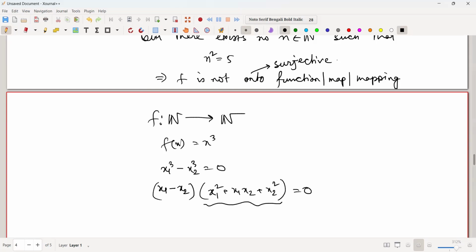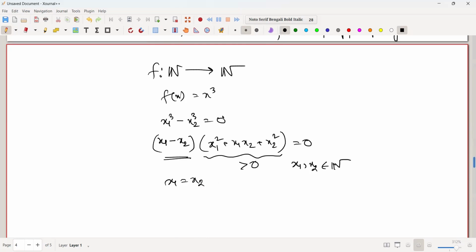But the second factor cannot be 0 because it is always greater than 0, since x1 and x2 belong to natural numbers and their squares and products are all positive. So this factor is greater than 0, so x1 minus x2 is equal to 0. So x1 equals x2.